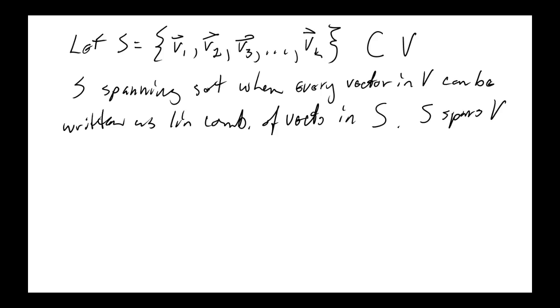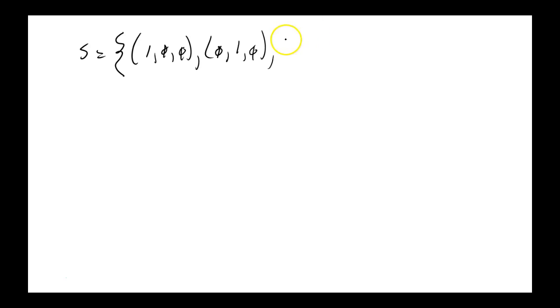Example 4. I'll clear this, but keep in mind what that definition is. Here's a set S. It's a set of ordered triplets: (1, 0, 0), (0, 1, 0), and (0, 0, 1).